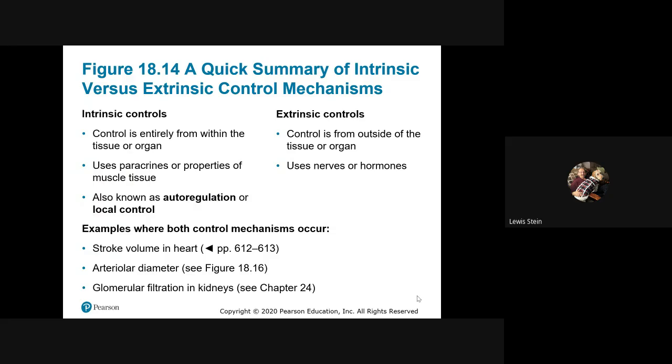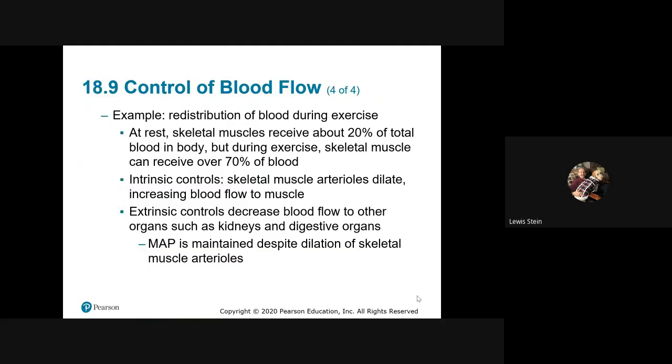So we have a variety of different things. By and large, blood pressure is very well auto-regulated. If it is not, then there are really underlying problems that have to be addressed.